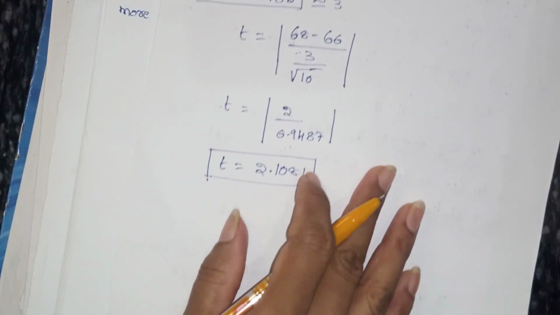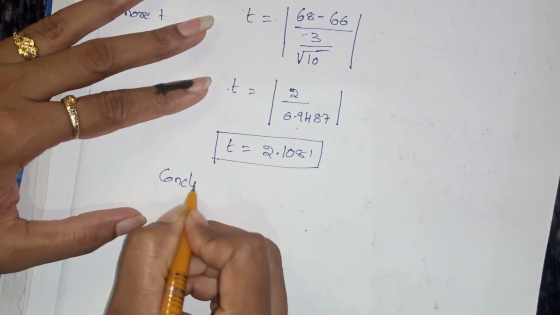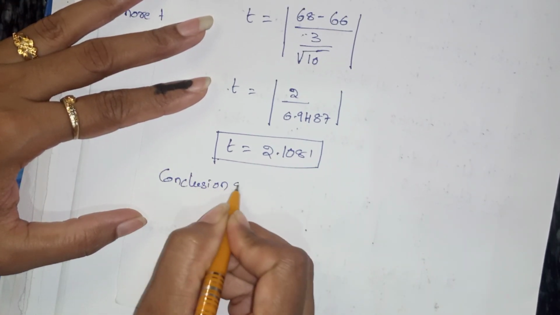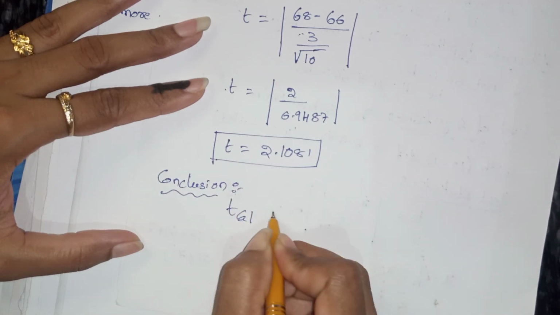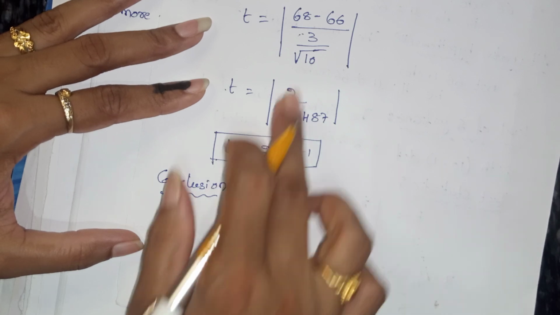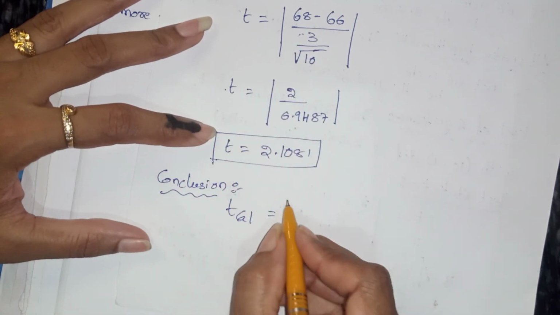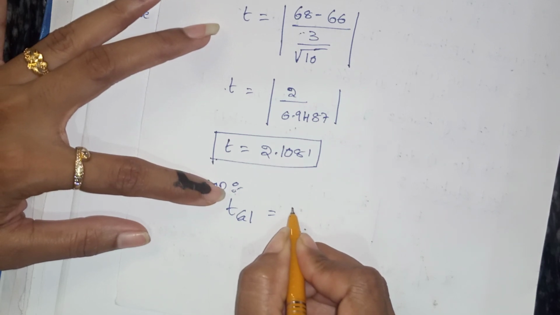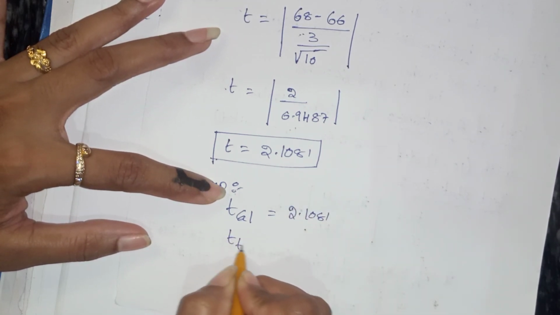So now the conclusion. Here, t calculated value equals to how much did we get? This is calculated, that means we calculated it. That's why it is called t calculated. So t calculated equals to 2.1081. T table value, how much did we fix here?